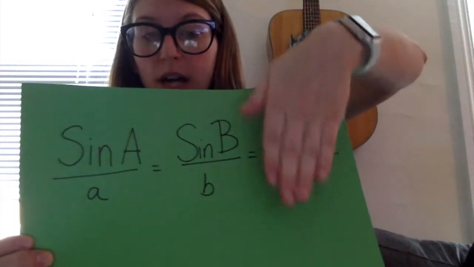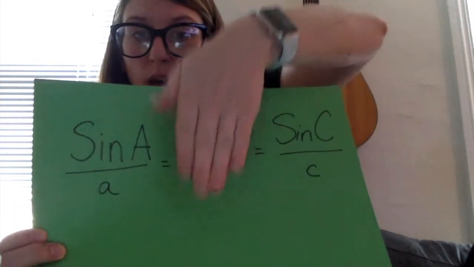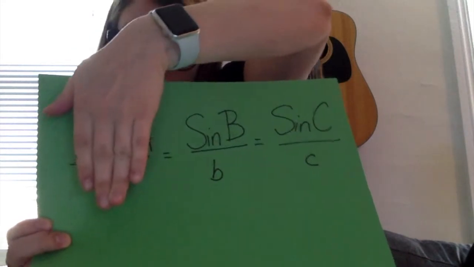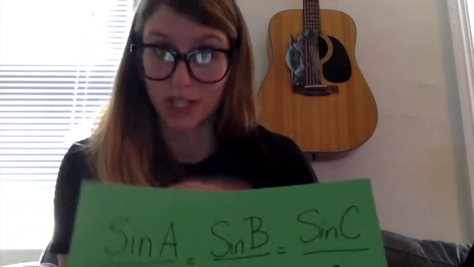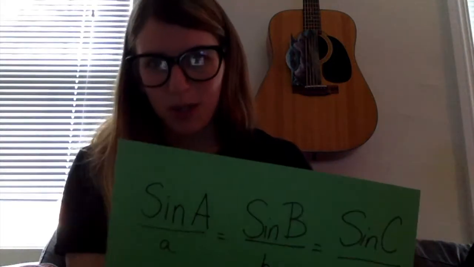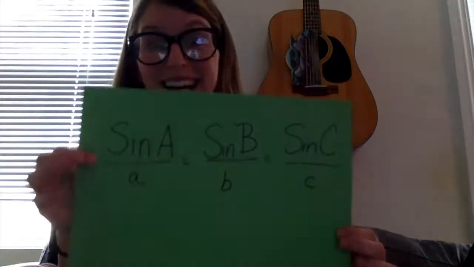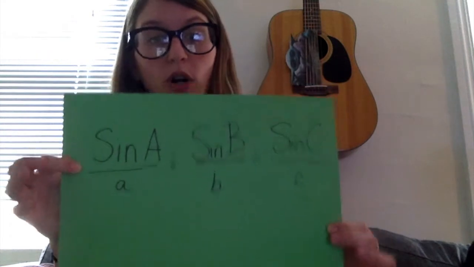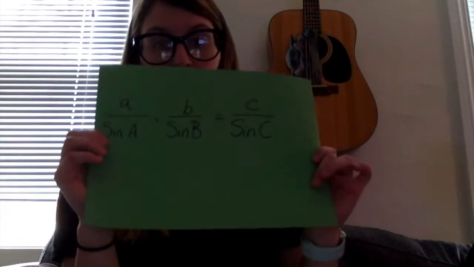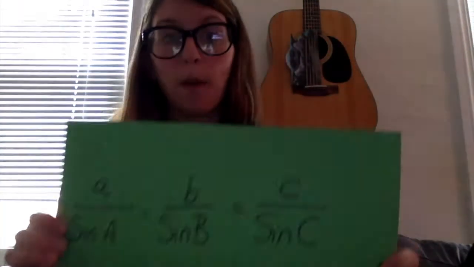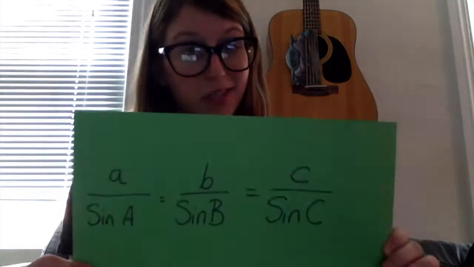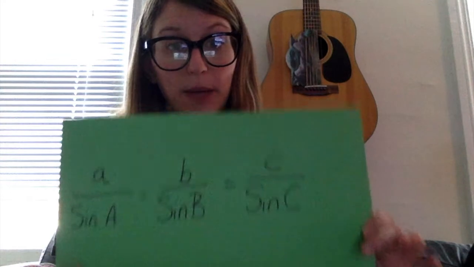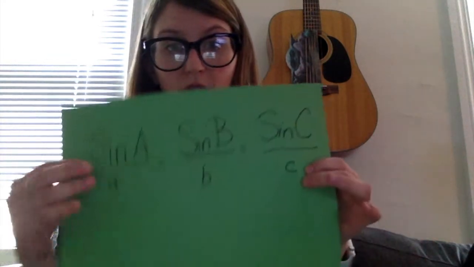You can do it this way, you can do it this way, or you can do it this way. It doesn't matter. All it is, it's setting up a proportion, which explains my discussion post about how to solve for a proportion. Because these are proportions, you could also write it like this.